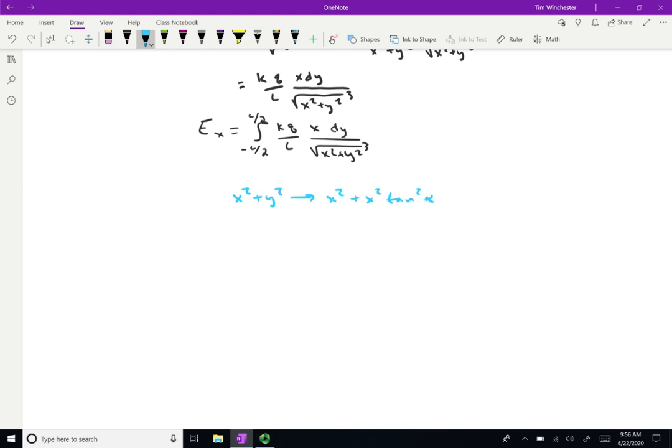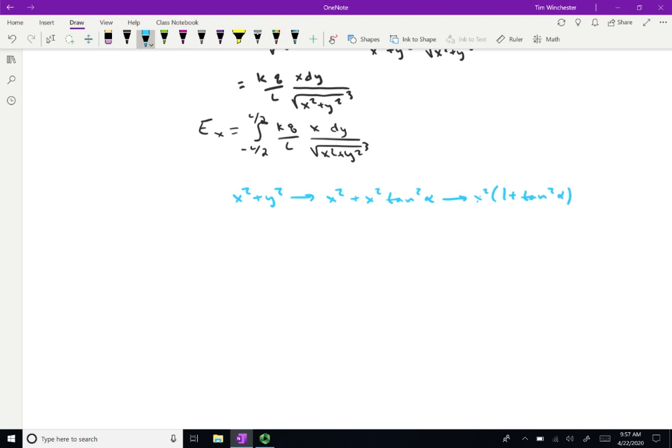The reason for that is because if you make that substitution, then x squared plus x squared tangent squared becomes x squared times 1 plus tangent squared alpha.